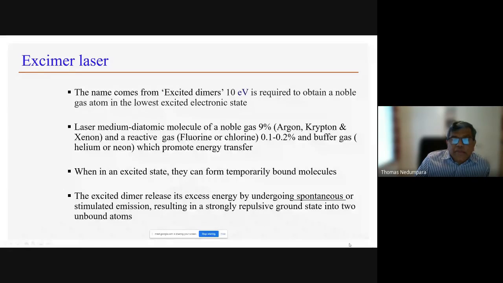So you get a noble gas halide diatom. So this is excited using a high energy, 10 electron volt energy. So it becomes temporarily excited. And the excited state is not stable and releases energy, either by spontaneous or stimulated emission. This stimulated emission is used to make the excimer laser.